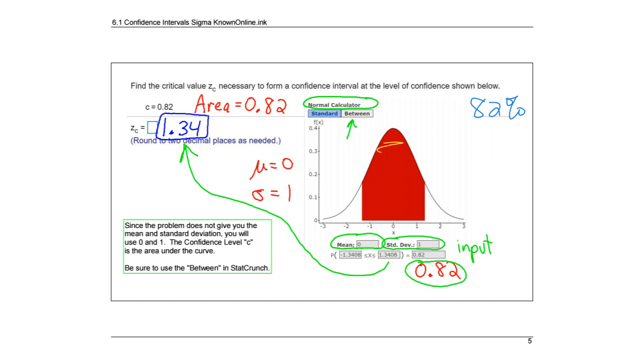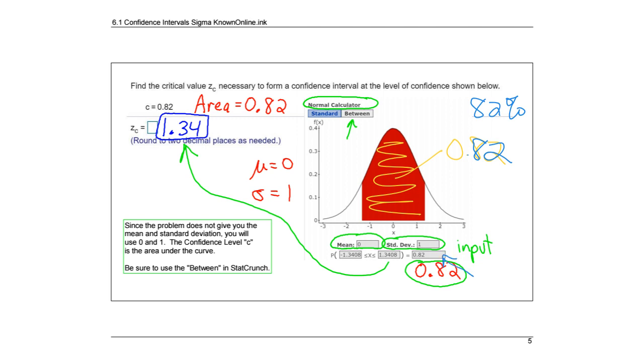We want the area here between, because remember with confidence intervals, we want to use between. We want this between to be 0.82. And so that's why I put that into this side of StatCrunch.